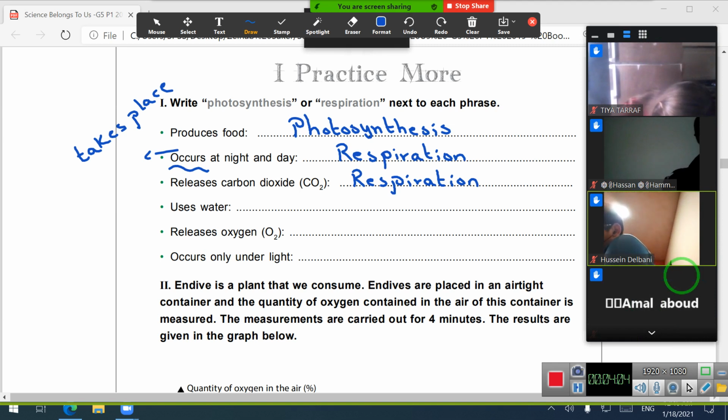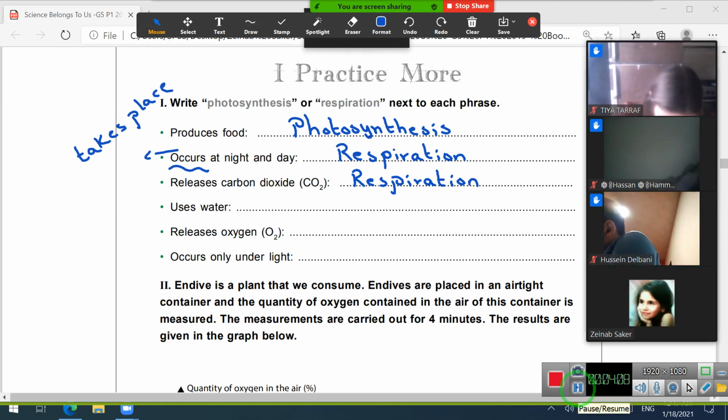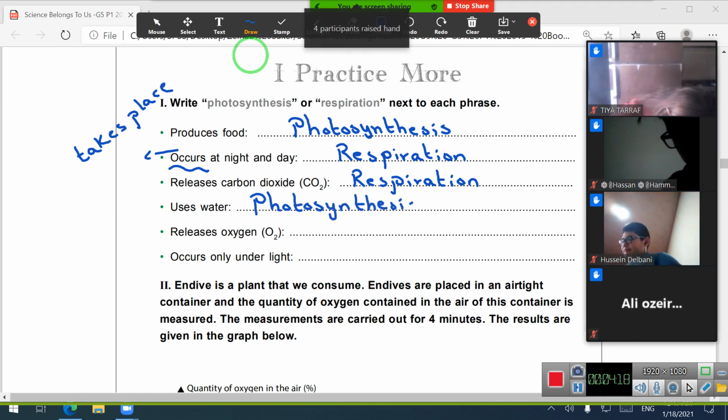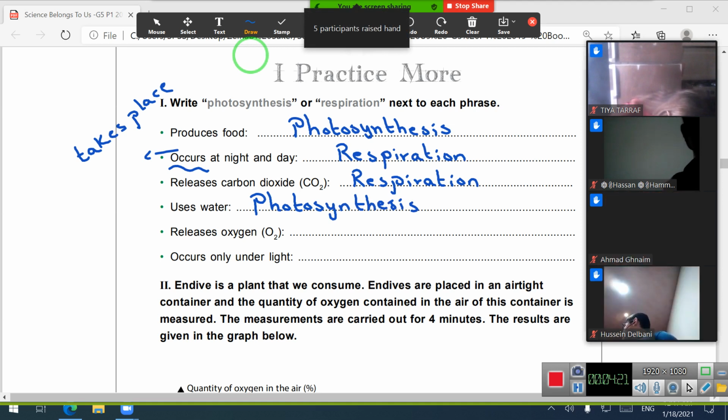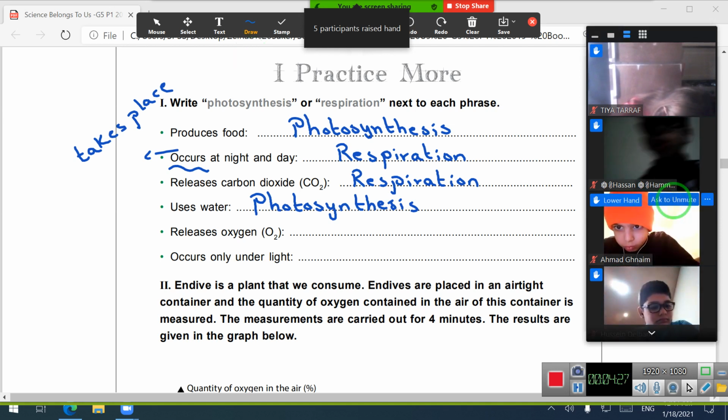Amal, which process uses water? Photosynthesis. Excellent. So during photosynthesis, green plants absorb water and minerals from the roots. Now, which process releases oxygen?